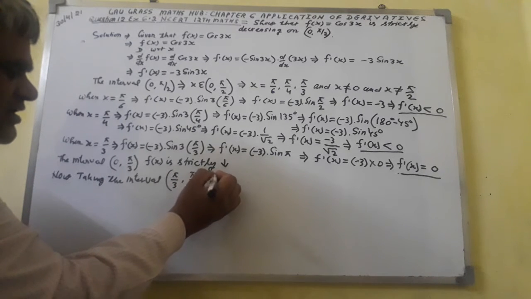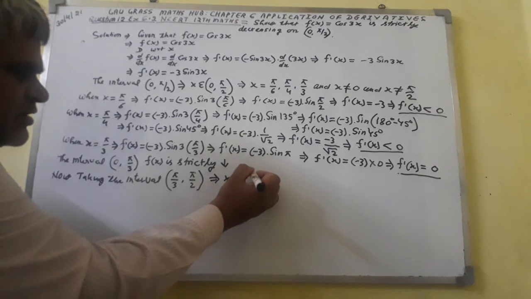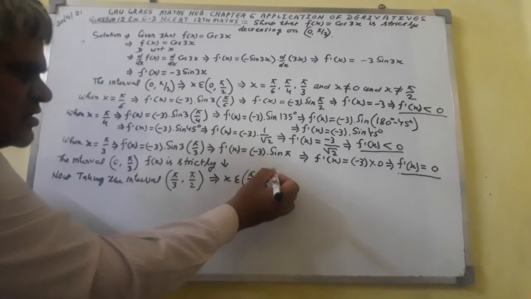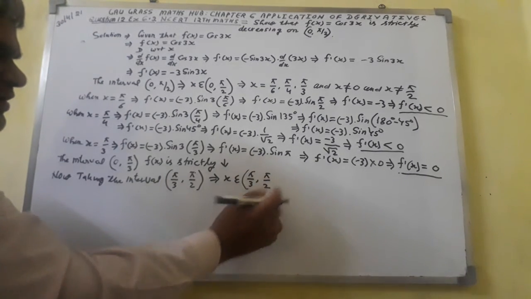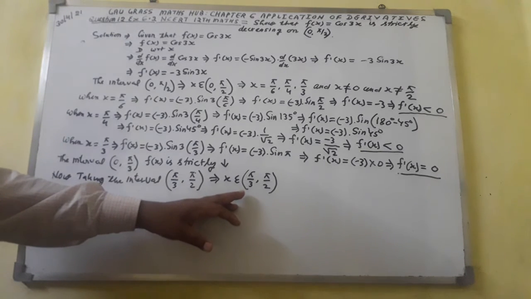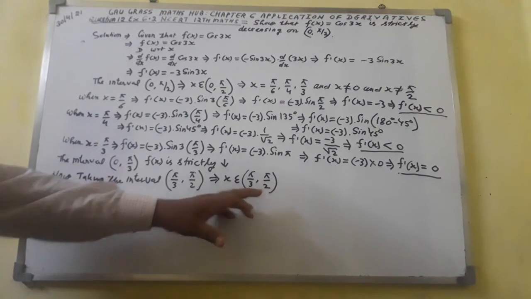Now again I shall write x belong to open interval pi by 3 and pi by 2. This can be written, x belong to open interval pi by 3 comma pi by 2. Now the value of x I have to find out between pi by 3 and pi by 2.